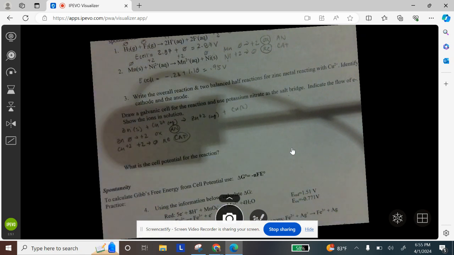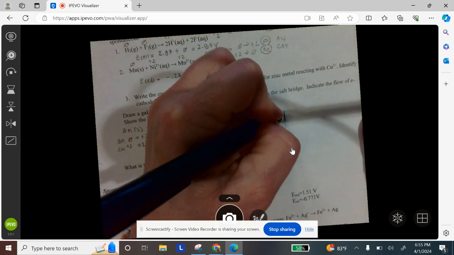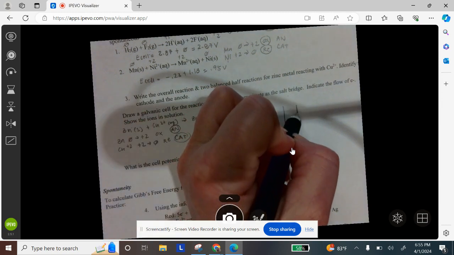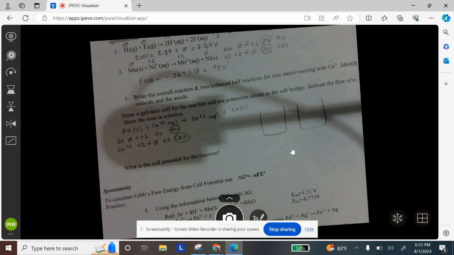So then it wants us to draw the actual setup. In a galvanic cell, we're going to have 2 beakers. And we're going to make one side the cathode, one side the anode.